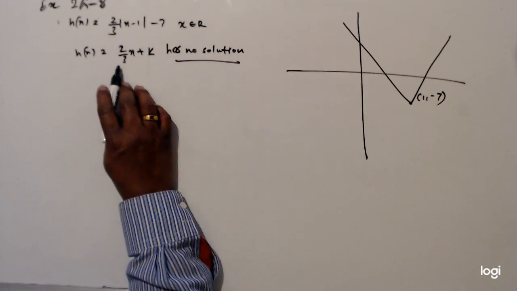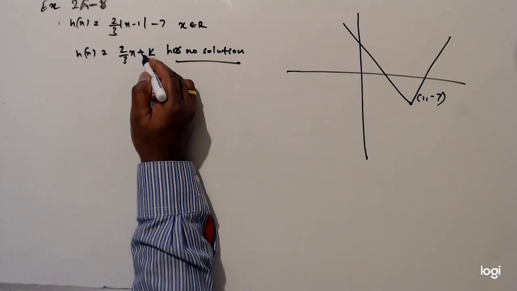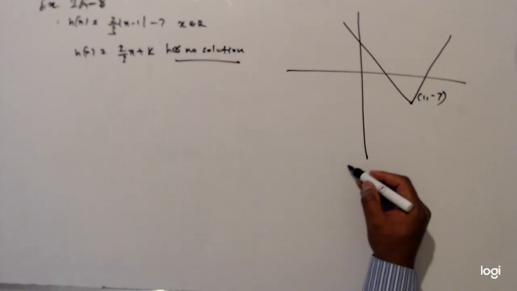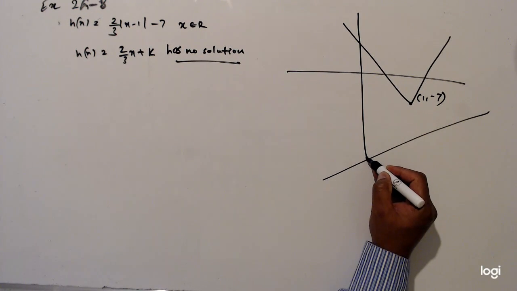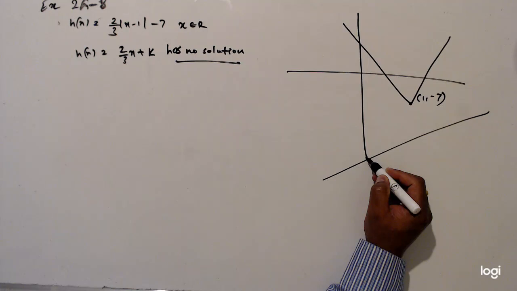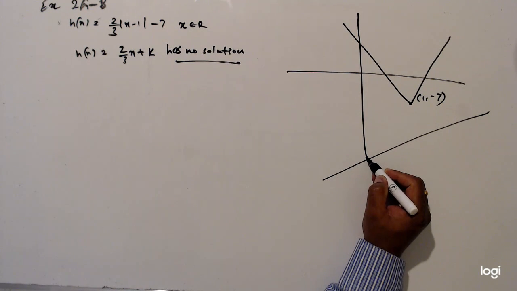So this is a positive gradient, and I will draw like this, plus k.